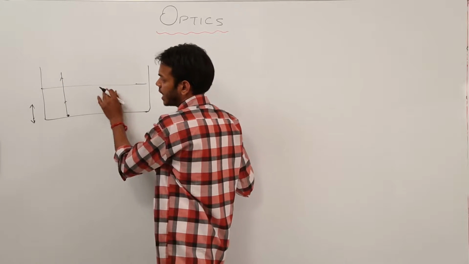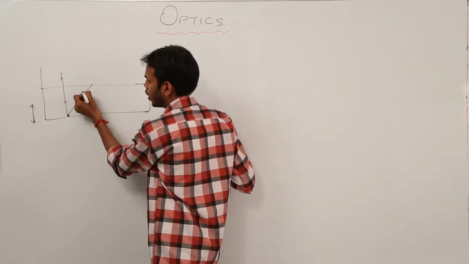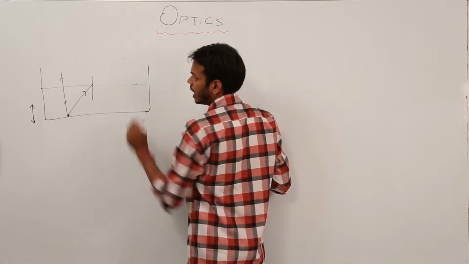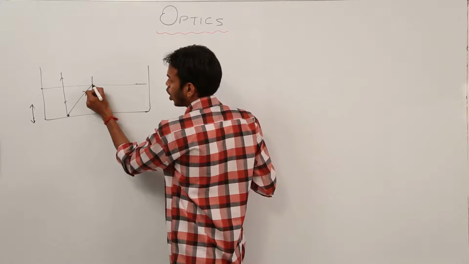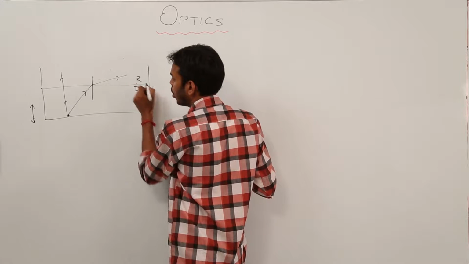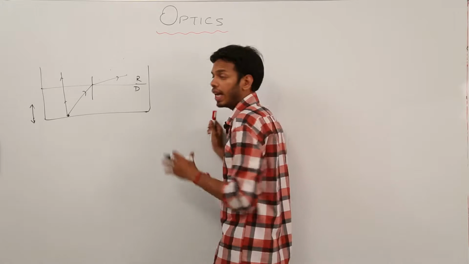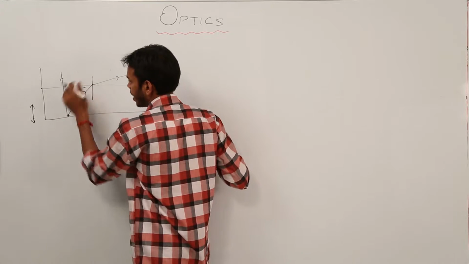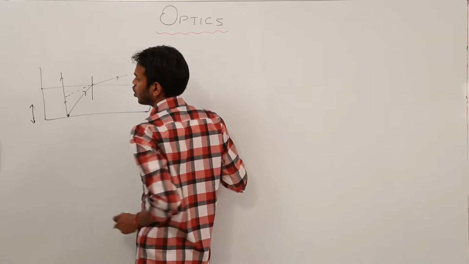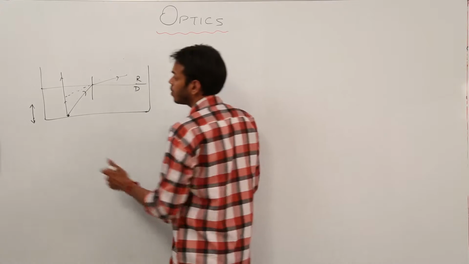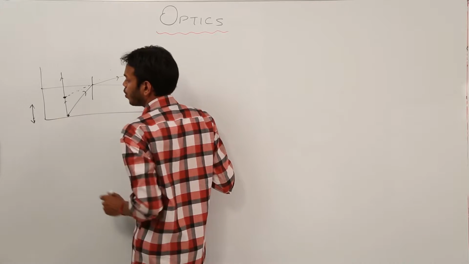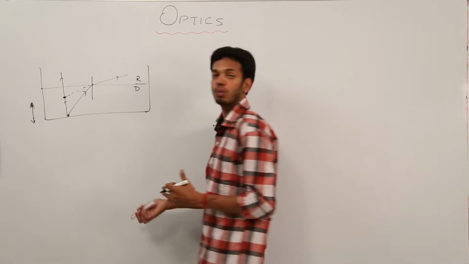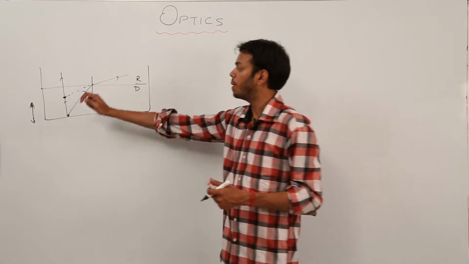But the other ray which is going in this direction, if this is the normal, instead of going straight like this, it will bend away from the normal, because right now the ray is traveling from denser to rarer medium. So if I extend this ray in this direction, where will I get? At the cross section of these two rays which are extended backwards, here is the apparent position of this object. So this height up to which the object appears to be raised up is called the normal shift.